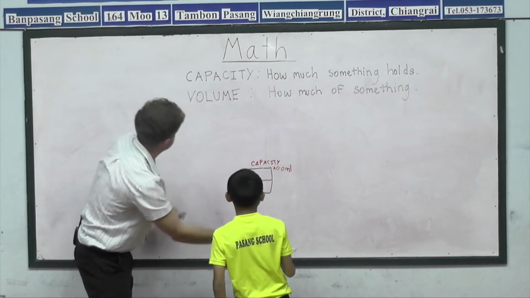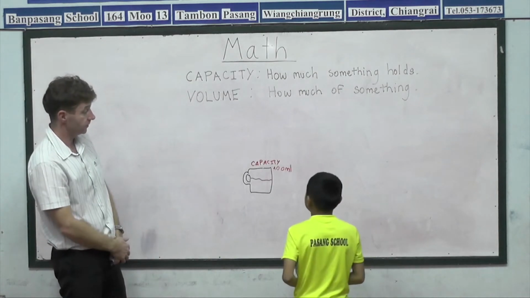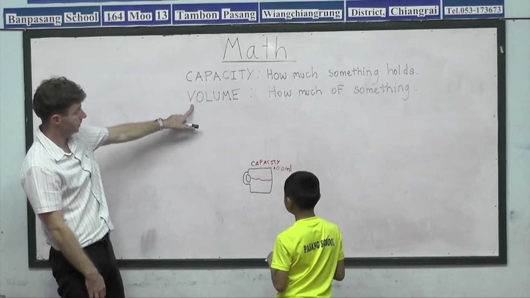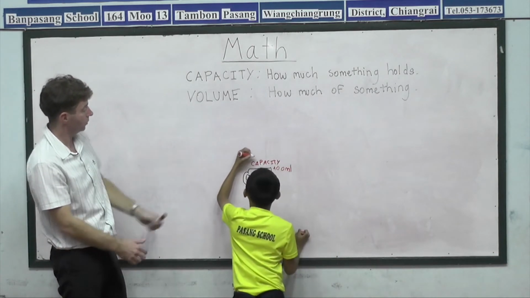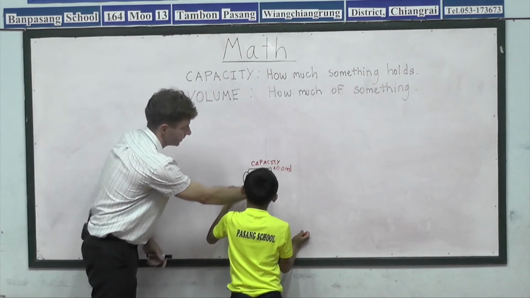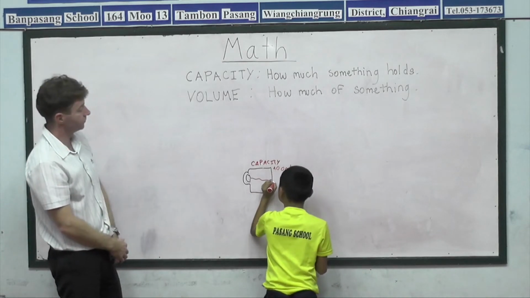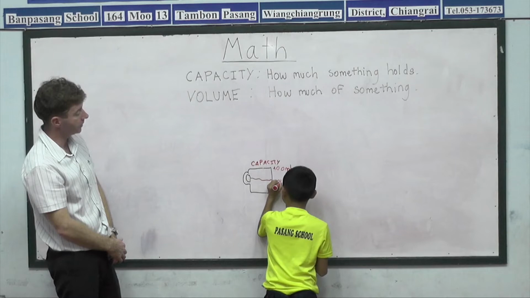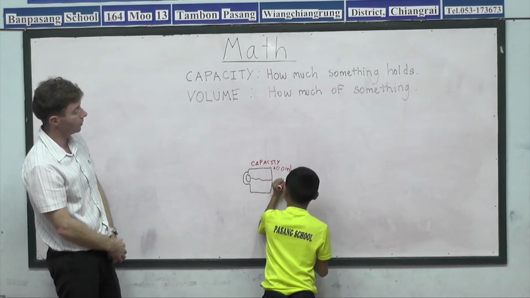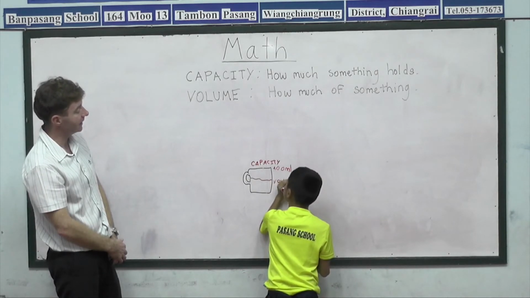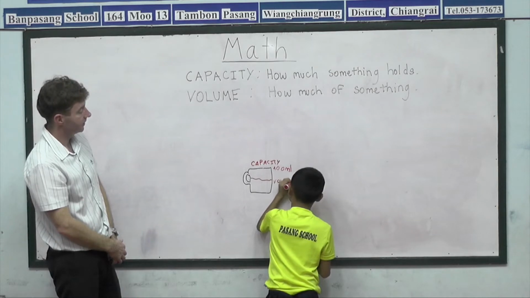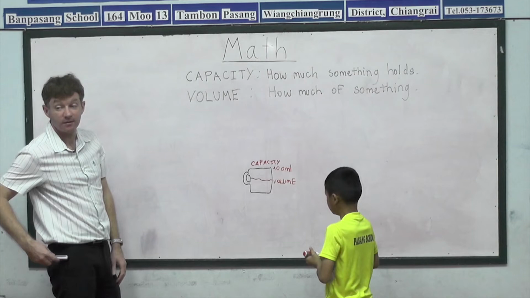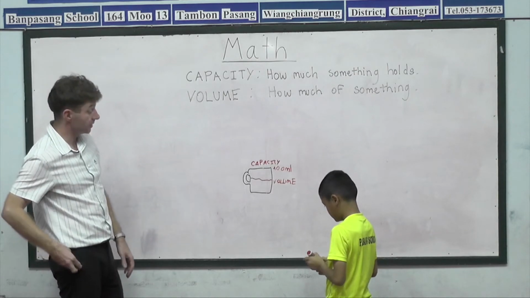And then volume, V, O, oh no, you need to write it here next to the V, O, L, U, M, E. And what's our volume down? 50 milliliters.